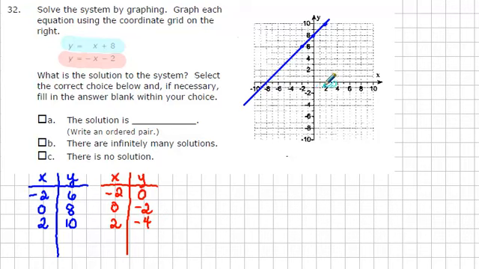So we can plot the point -2, 0, 0, -2, and 2, -4. And once we have 3 points, then we can draw the line that passes through those 3 points.